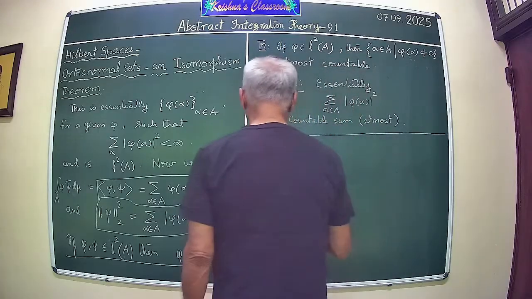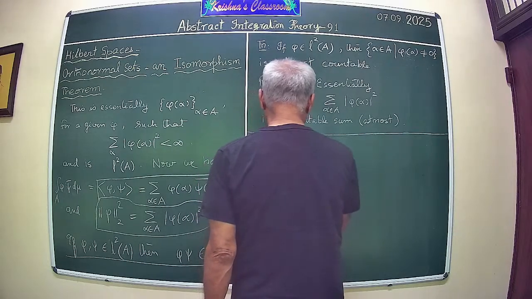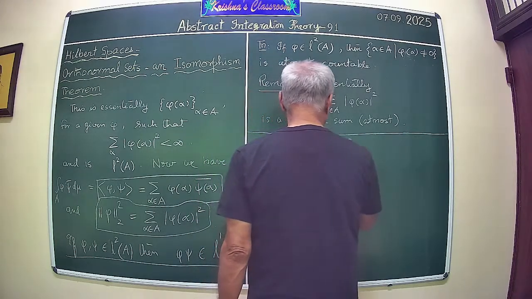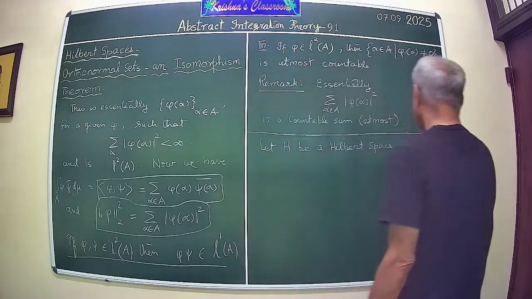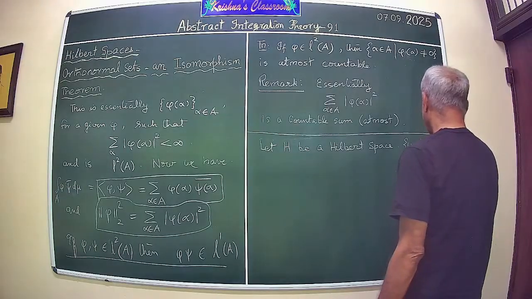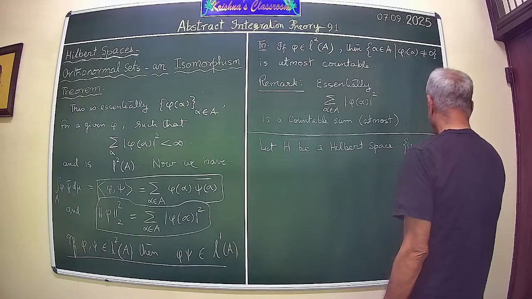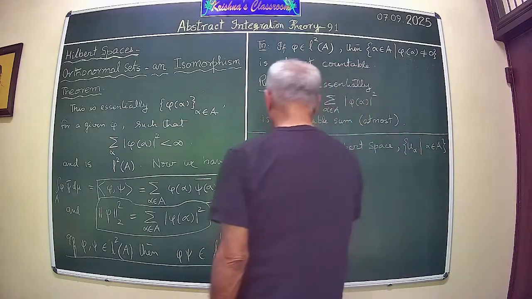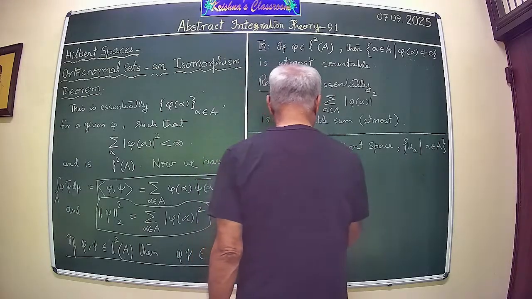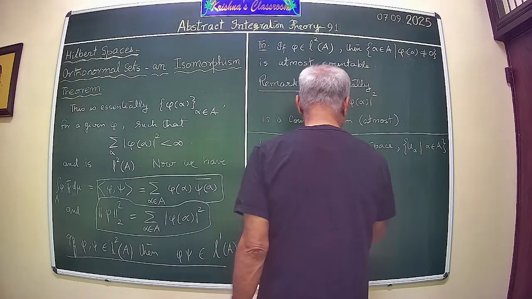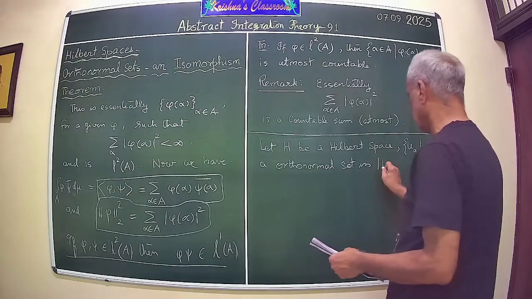So let H be a Hilbert space, then U alpha an orthonormal collection of images.